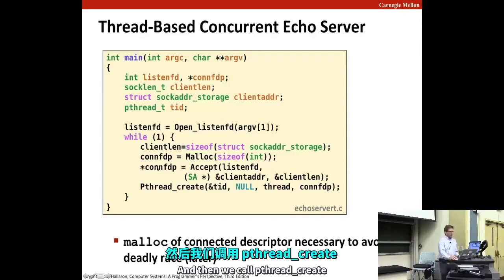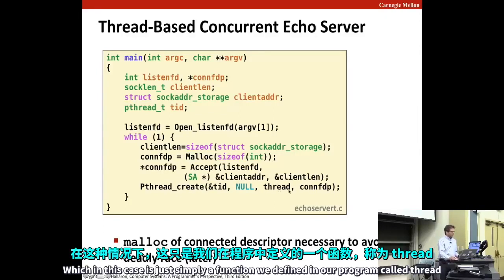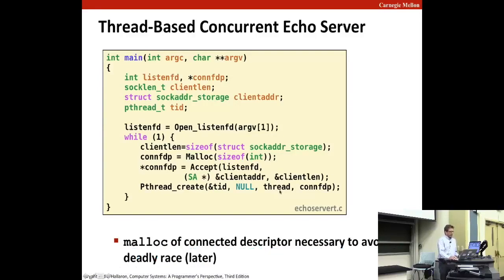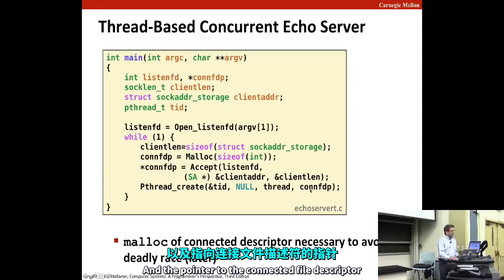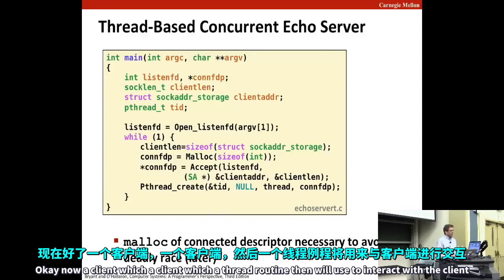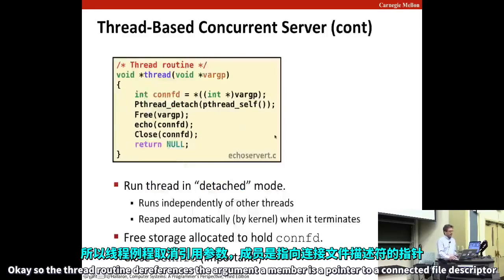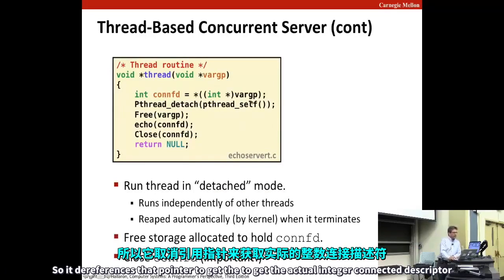Then we call pthread_create, giving it the name of our thread routine, which is simply a function we've defined in our program called thread, and the pointer to the connected file descriptor. Our thread routine will then be used to interact with the client. The thread routine's argument, remember, is a pointer to a connected file descriptor. So it dereferences that pointer to get the actual integer connected descriptor.